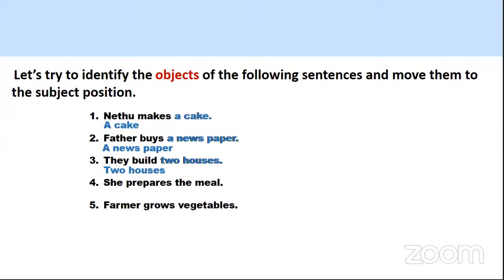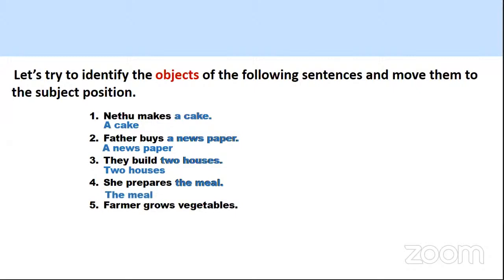Then the fourth one. She prepares the meal. The meal is the object here. Then you take it to the subject position.